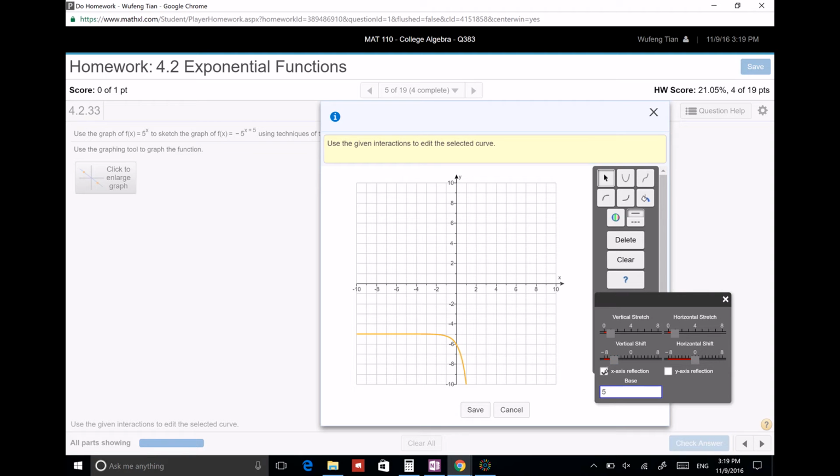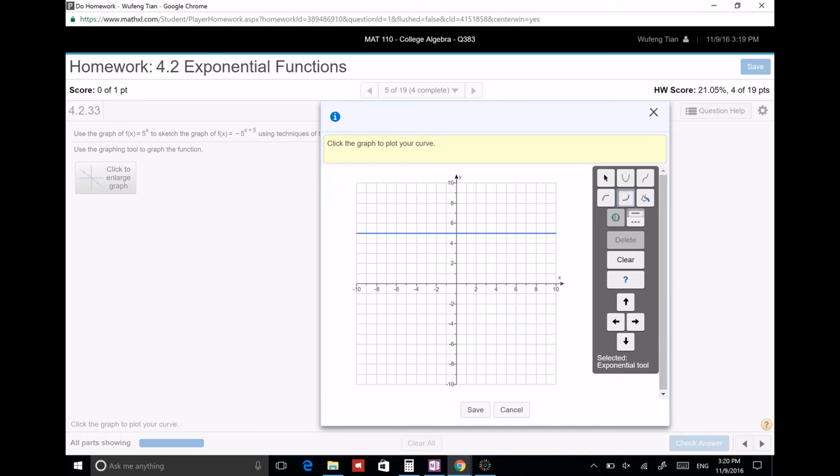If we don't have the shift, then the graph is like this. With base 5, 1 to the power 5 is 5. x equals 0. Like this.